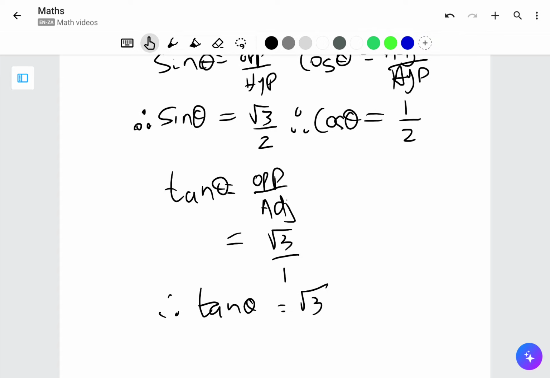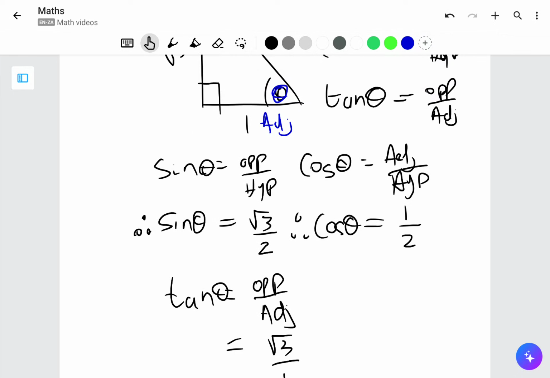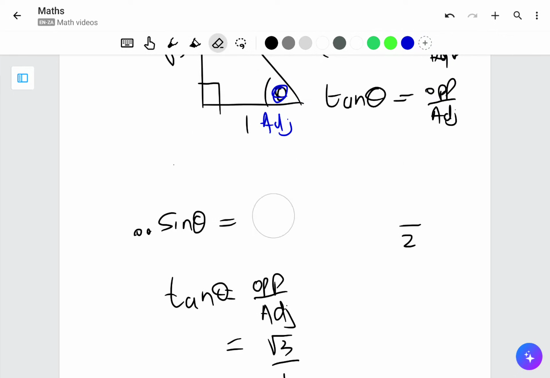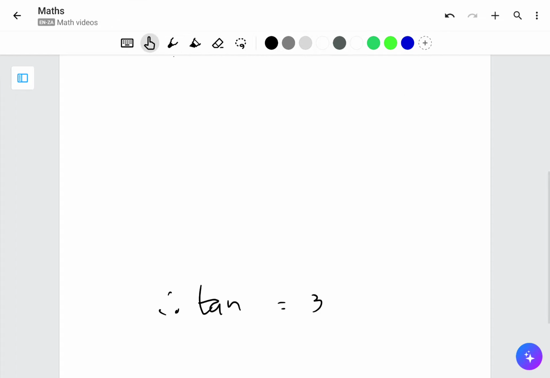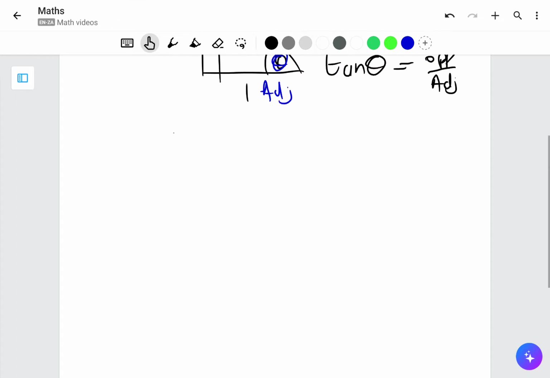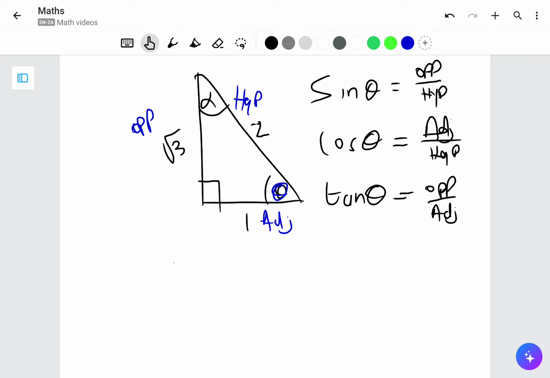We can also represent sine, cos, and tan in terms of alpha. So let me remove this, and then let's represent sine, cos, and tan in terms of angle alpha. That's your angle alpha on top there. So we can say now that sine alpha equals opposite over hypotenuse.